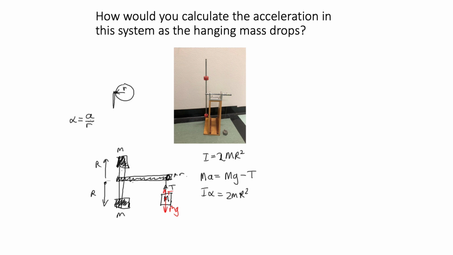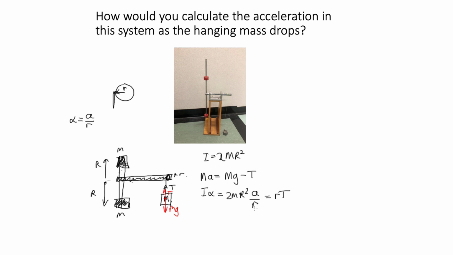And this, according to Newton's second law, is equal to the net torque, and the only force applying the torque is the tension force acting here. So that's equal to little r, because it's acting at this smaller radius, times the tension force.